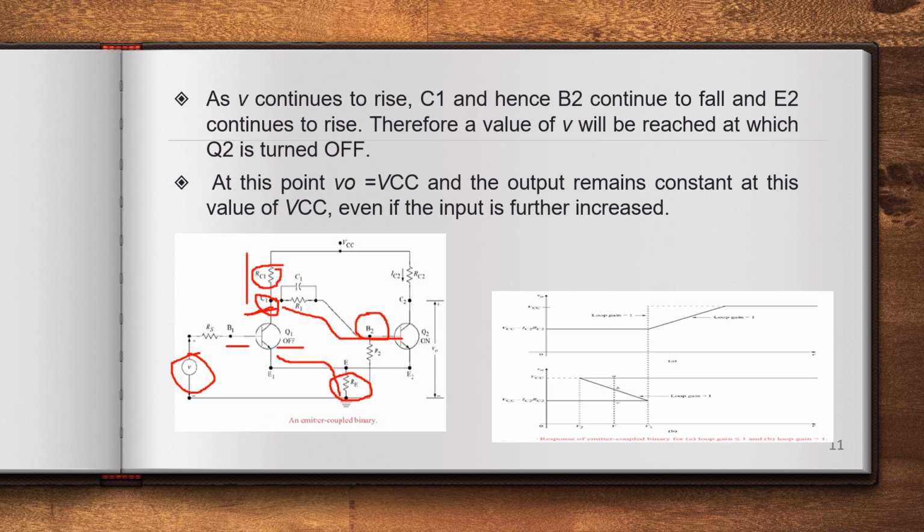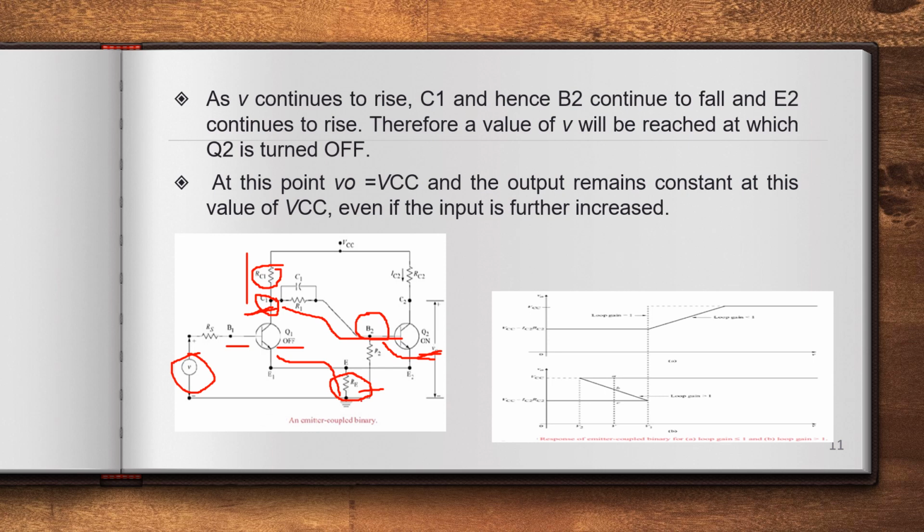Now we come to transistor Q2. For transistor Q2, the base potential decreases but the emitter potential increases. If you calculate VBE of transistor Q2, it is VB2 minus VE2.